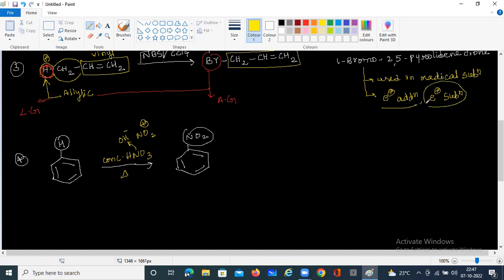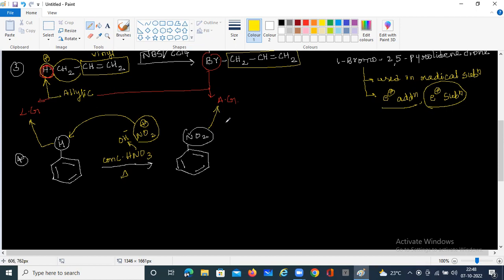This is electrophilic substitution. So this one is the leaving group and NO2 is the attacking group.